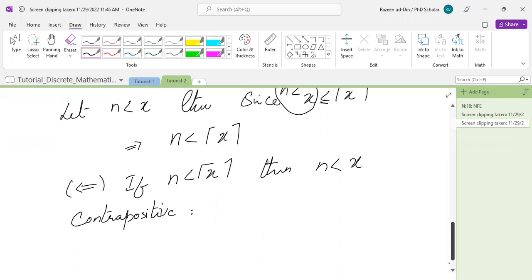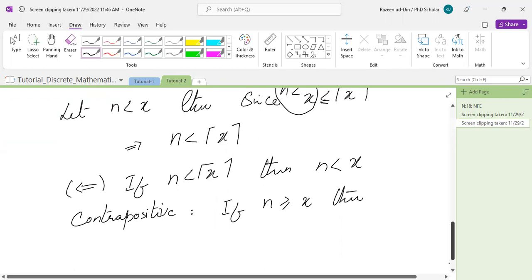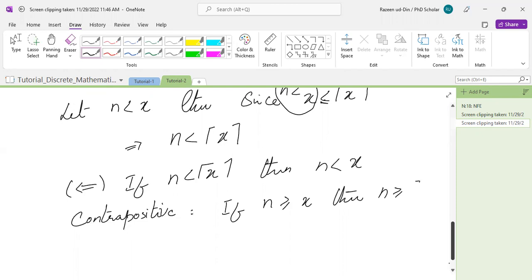So by proving the contrapositive statement, we prove the original statement, right? So the contrapositive statement is if n is greater than or equal to x, i.e. negation Q, then negation P, which is n is greater than or equal to ceiling of x.